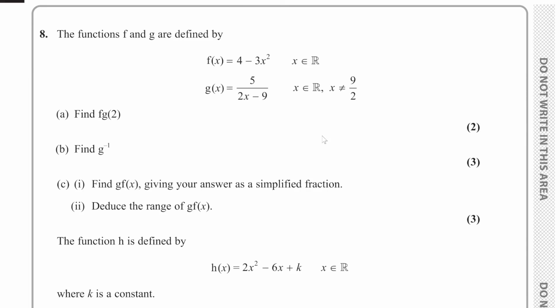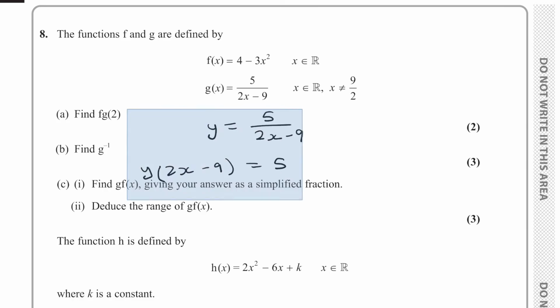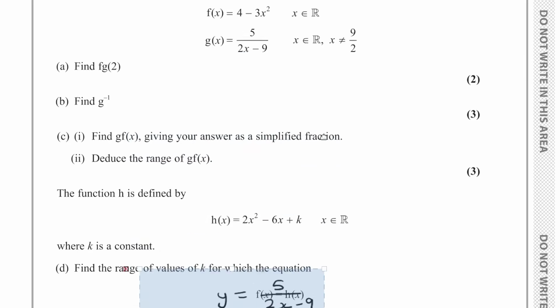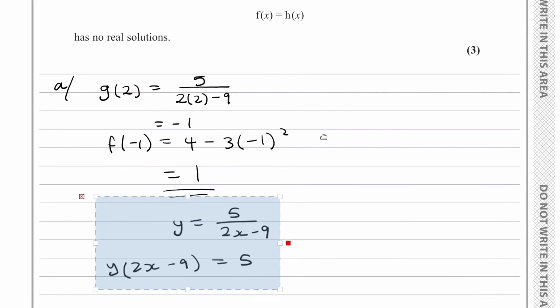Find the inverse of g. So the opposite of the g function. If we write it in the form y equals 5 over 2x minus 9, and then just make x the subject of the formula. So times by the denominator, y times 2x minus 9 equals 5. And we're just going to make x the subject.